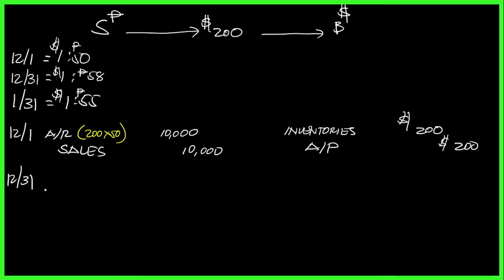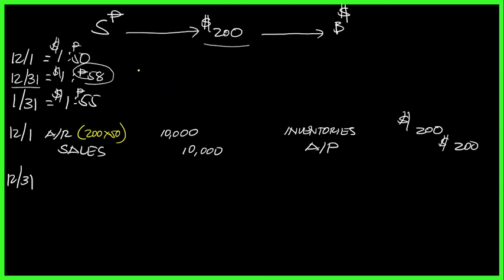Okay, so we are now going to adjust the value of our accounts receivable. But the question is, by how much? So let's try to analyze. If we are going to receive this $200 as of December 31, when the value of $1 is 58, how much will we receive?